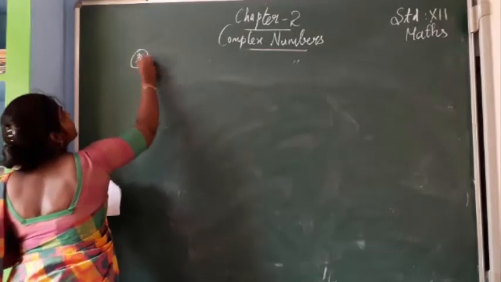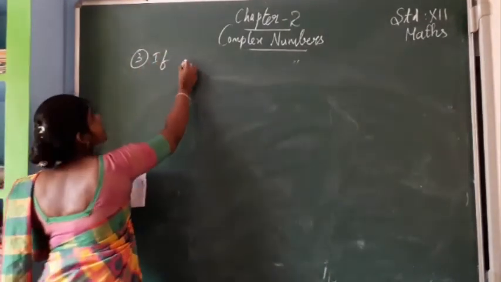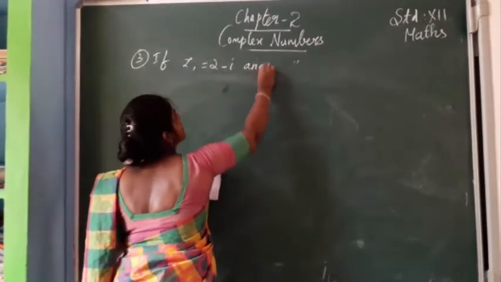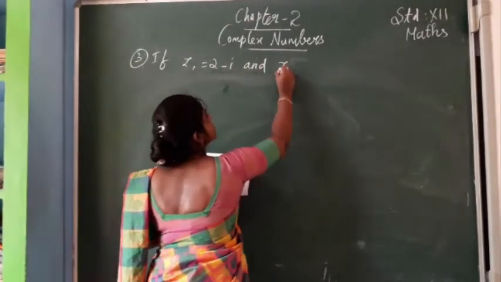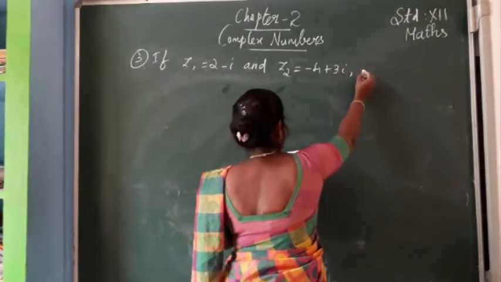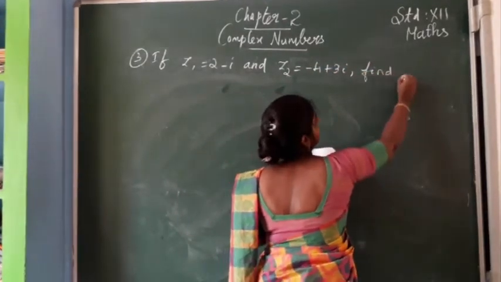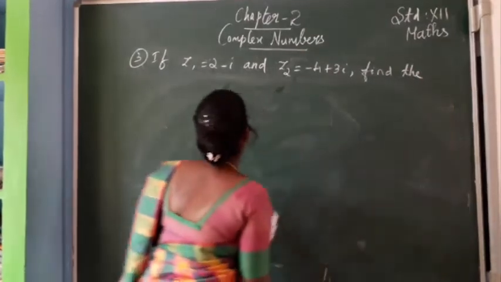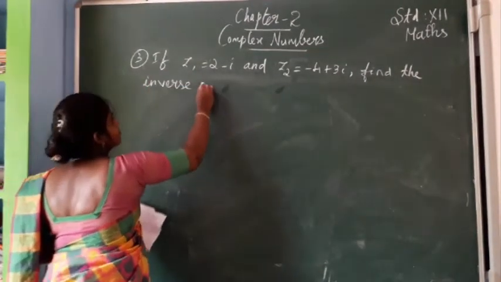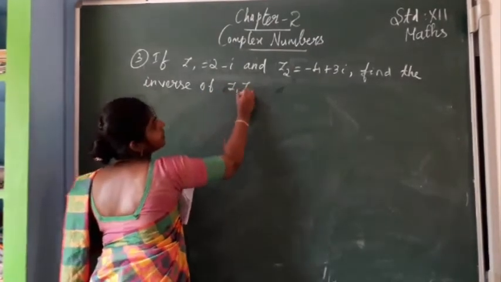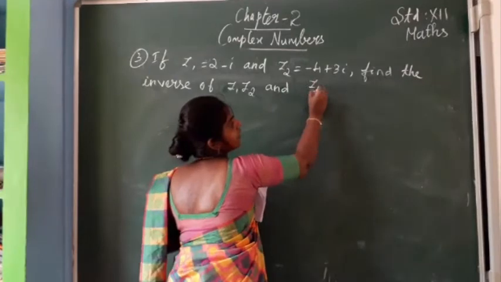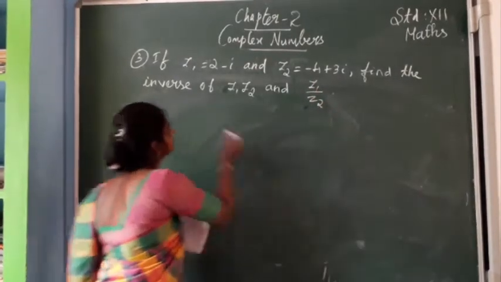Third question. If z1 is equal to 2 minus i and z2 is equal to minus 4 plus 3i, find the inverse of z1 z2 and z1 divided by z2.